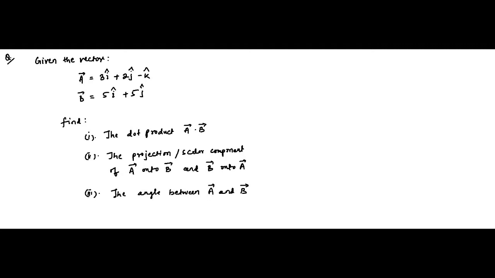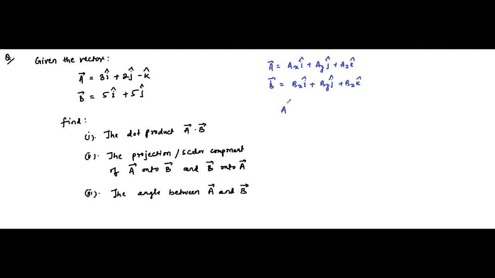So first we have to determine the dot product. Now we know that when a vector is expressed in terms of its x, y and z components, this is a vector and this is b vector, where ax, ay and az are the x, y and z components of a vector, and bx, by, bz are the x, y and z components of b vector.